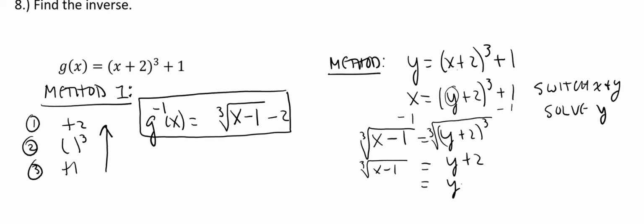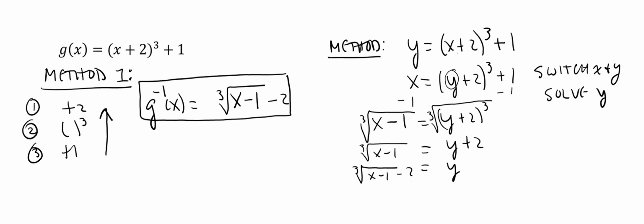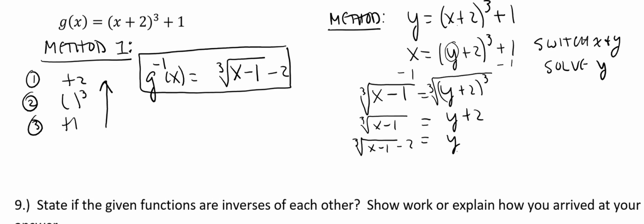So then I get y equals the cube root of x minus 1 minus 2. Alright, so then just to get our notation correct, this right here is my inverse, so it would be inverse g of x equals the cube root of x minus 1 minus 2.